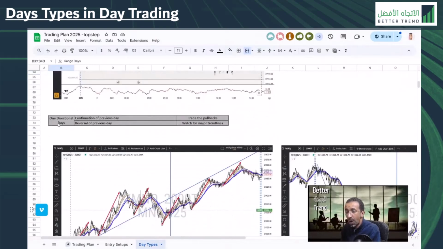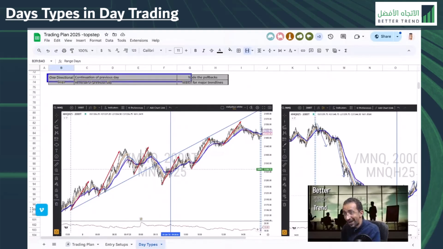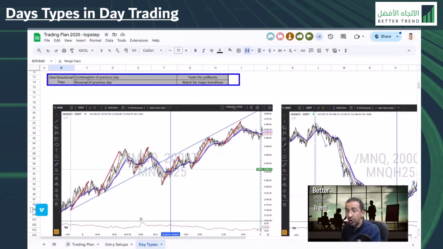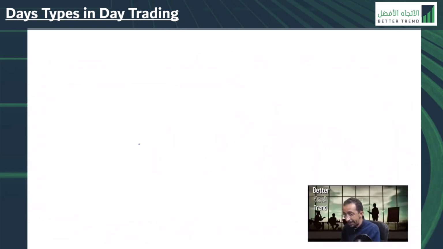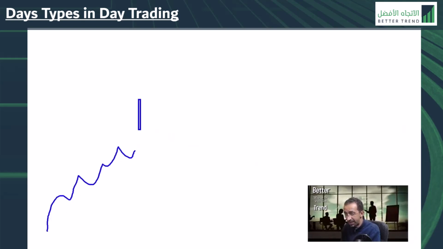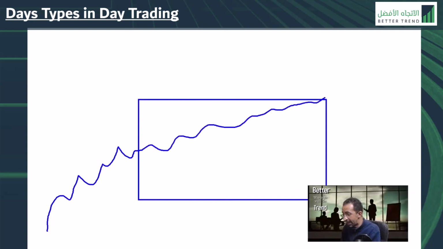Next, one directional day. Continuation. It's either a continuation from the previous day or it might be a reversal of the previous day. So let's say yesterday was going up and then the market today started here and continued going higher until 8:30 Central Time.